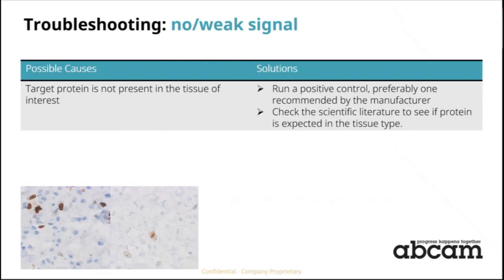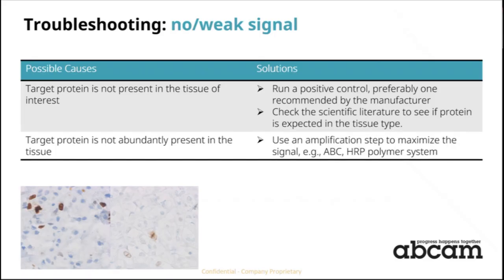For weak or no staining issues, they can be due to your sample. Firstly, you will need to consider whether it is due to the lack of target proteins in the tissue samples. For this, you can check the literature if you have not already done so in the planning stage, or run a positive control.